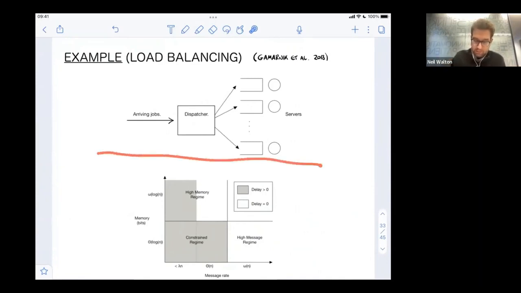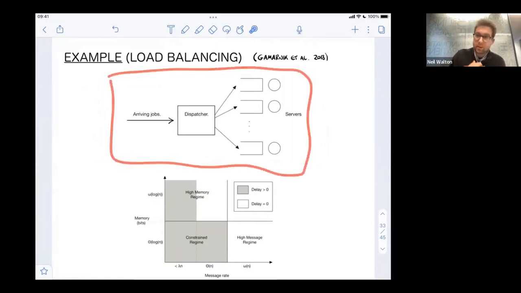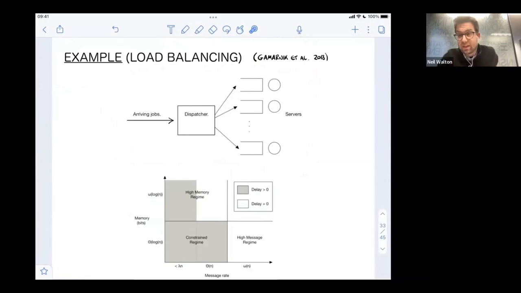Here's a model, this is sort of data science. Things like a lot of data servers tend to work in this way: when you make a request to a data center, you have arriving jobs that come in and there's a dispatcher which needs to make quick decisions about which servers are going to serve that request.